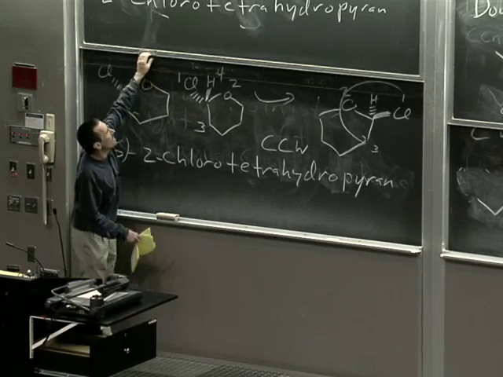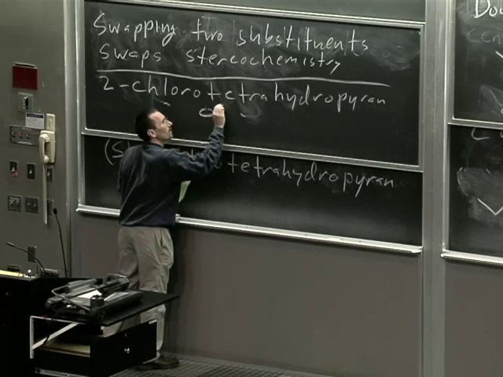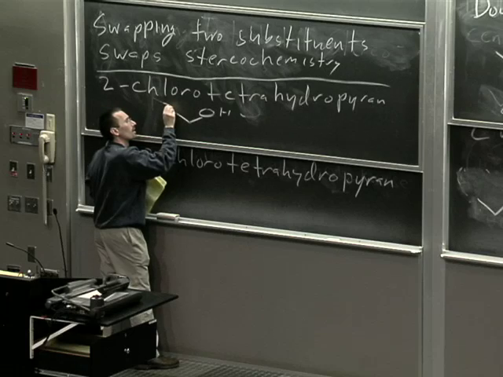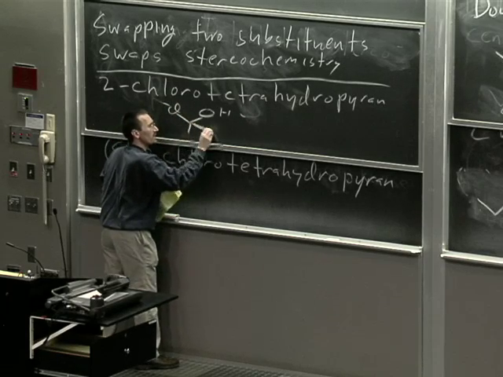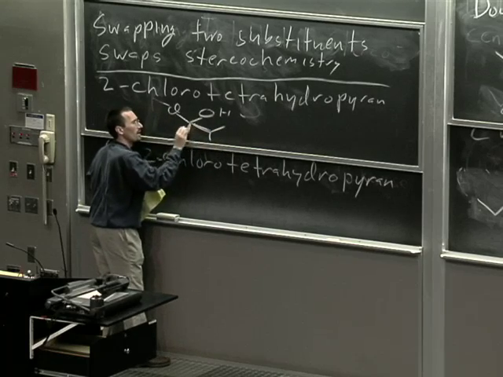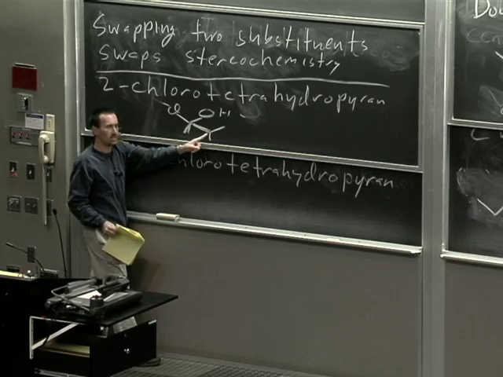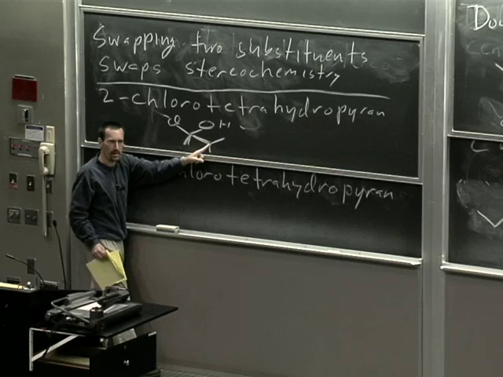If I had a molecule like this, let's say with an isopropyl group and a methyl group attached, then I'd have to start to say, we have 2 carbons, but which carbon is higher priority?